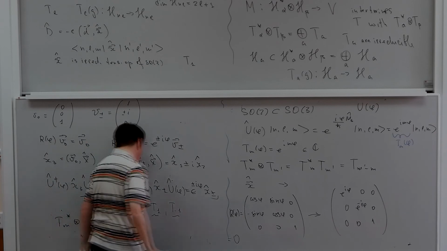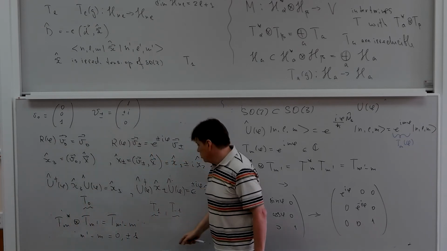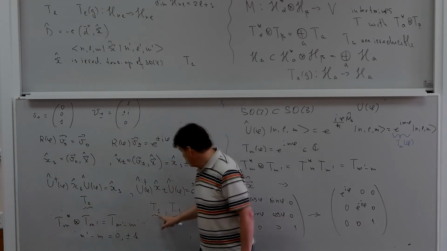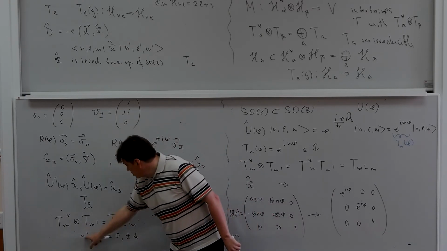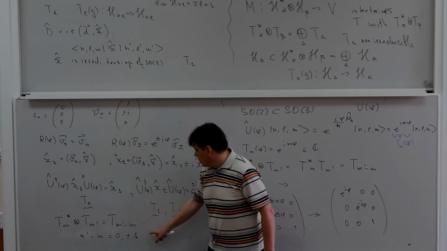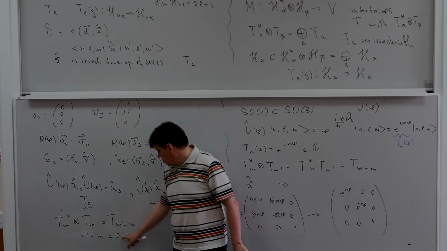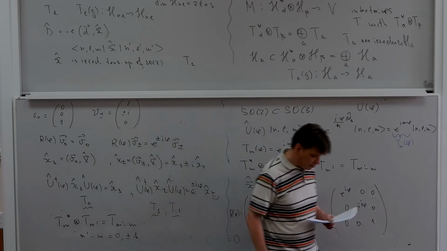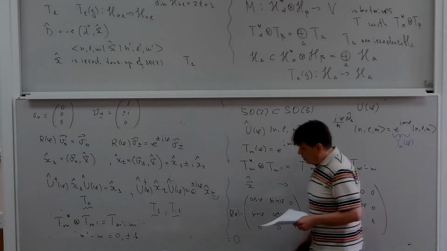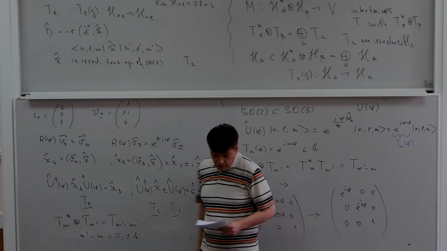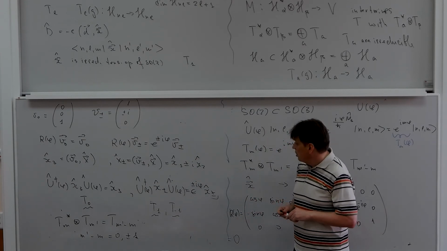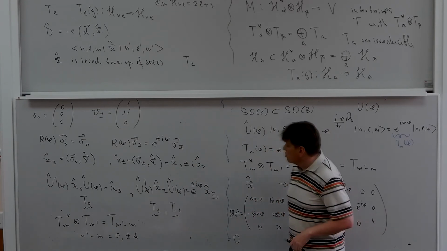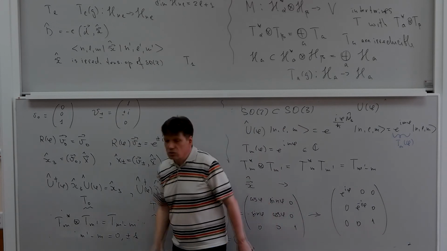So in order to get here T_1, T_{-1} or T_0, this difference must be either 0 or plus minus 1. And this is nothing else but the selection rules for the electric dipole transition with respect to the magnetic number.